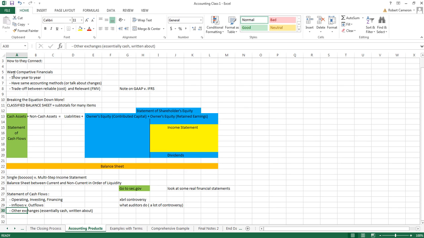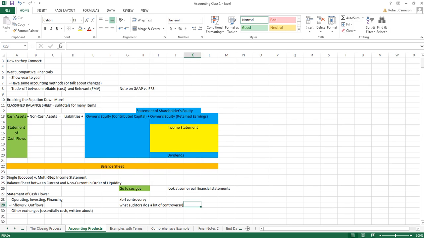So, a barter system almost. But don't worry about that. That's a more complicated topic that I just wanted to expose you to. The statement of cash flows is primarily only about cash, but sometimes in the notes we'll talk about other exchanges that don't involve cash. But again, that's just the notes. The actual statement itself has only cash items, only cash inflows and outflows.